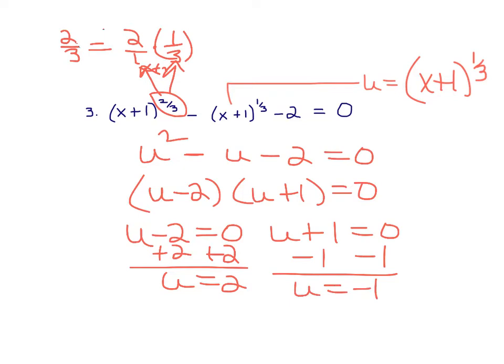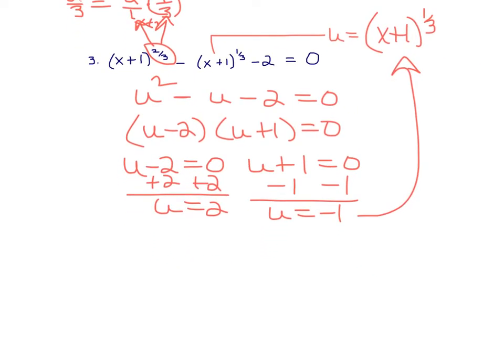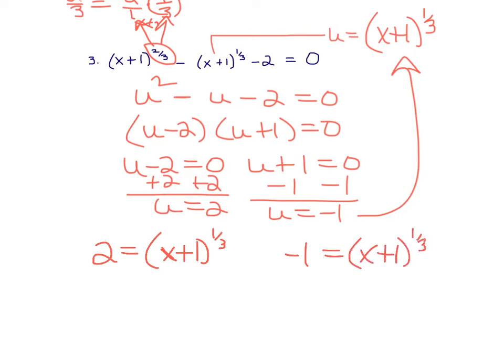And now I need to substitute it back to figure out what x equals. So u equals, so 2 equals x plus 1 to the 1/3 power. Over here, -1 equals x plus 1 to the 1/3 power.